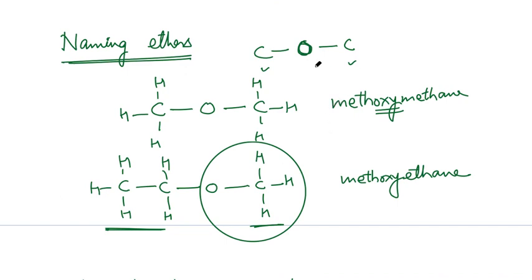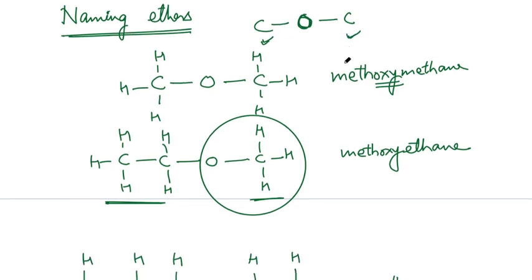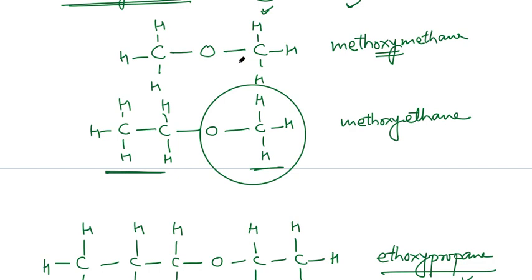Now naming ethers also we have done. Here the functional group is oxygen, and oxygen is located in between two alkyl groups, one on the right hand side, one on the left hand side, and the number of carbon in the alkyl groups on both sides may vary. So if it is one carbon on the right hand side and one carbon on the left hand side, we name it methoxymethane.